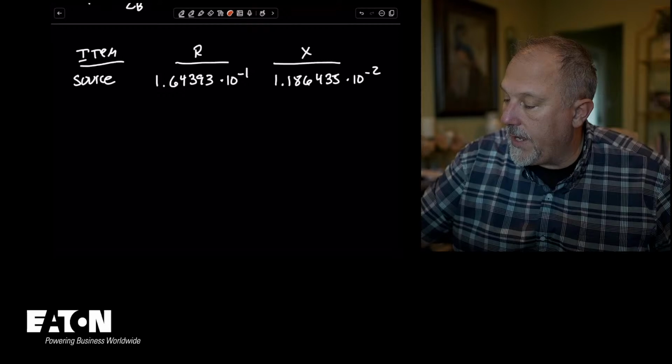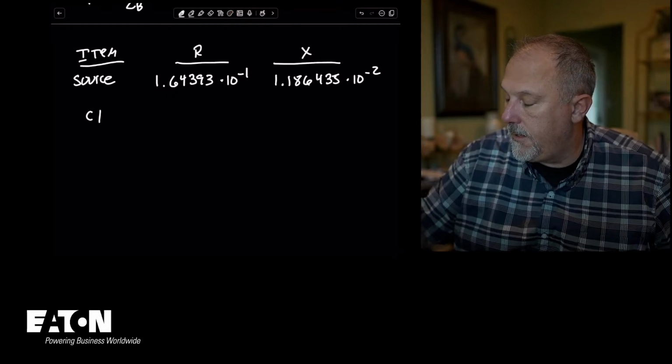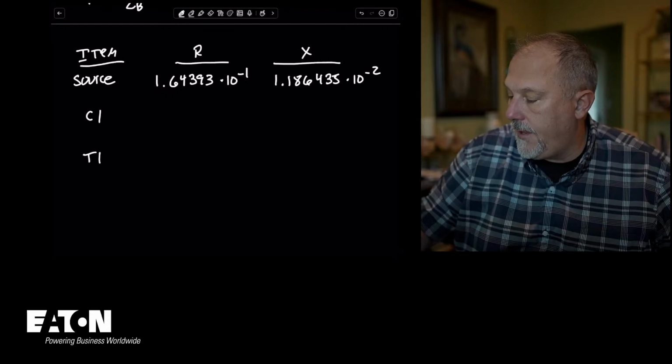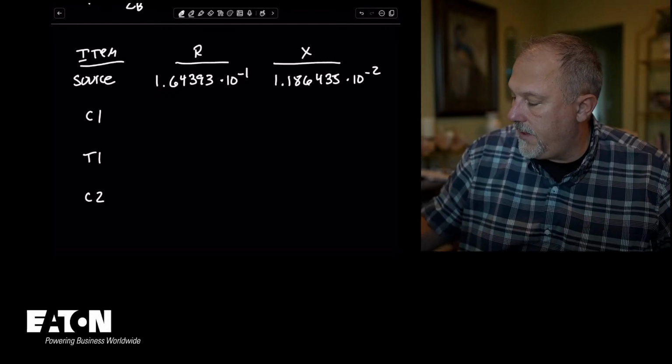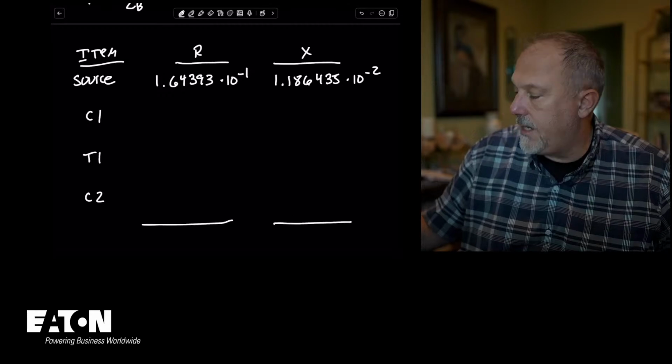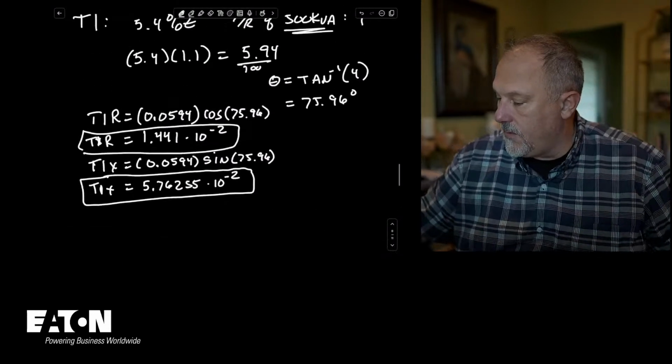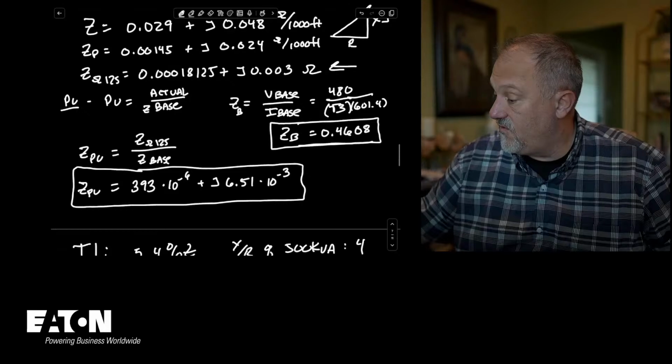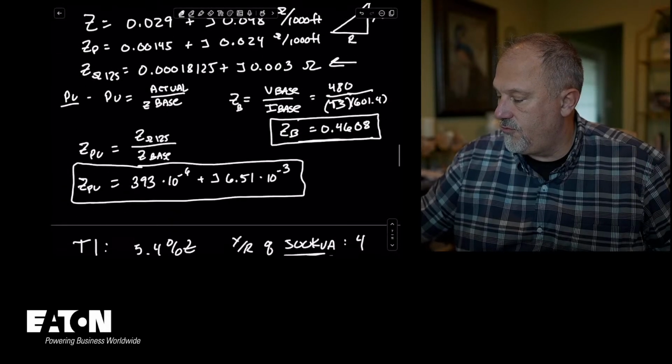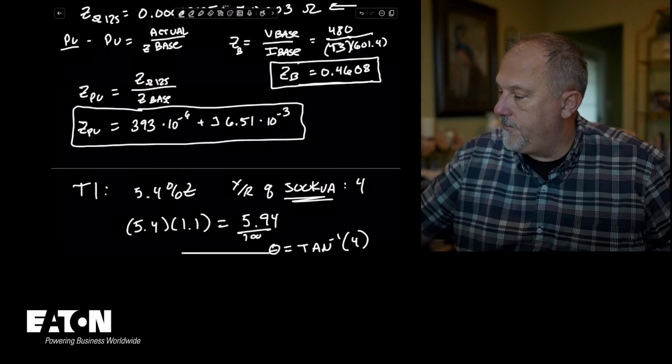If you remember, we had a source, a conductor 1, a T1, and then a conductor 2. Then we're going to tally them up. So conductor 1, here we go.